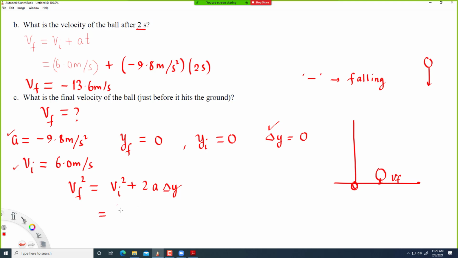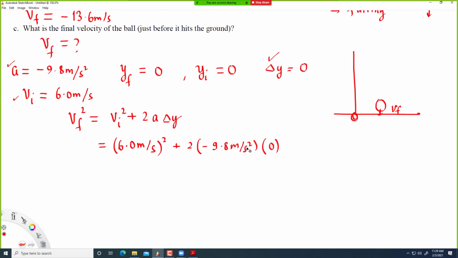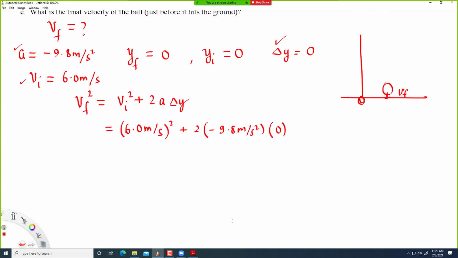So V initial is 6 meters per second, squared, plus 2 times negative 9.8 meters per second squared. Delta y is 0, so this term would be 0 because 0 times anything is 0.